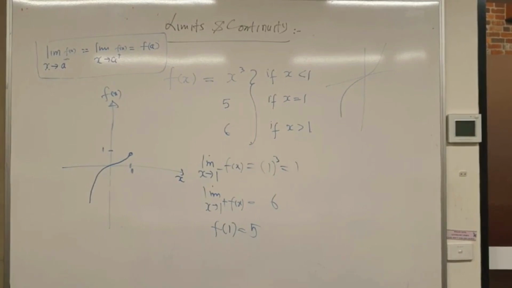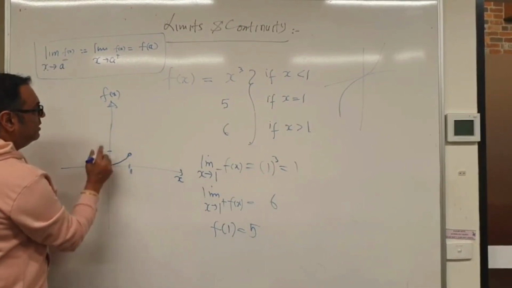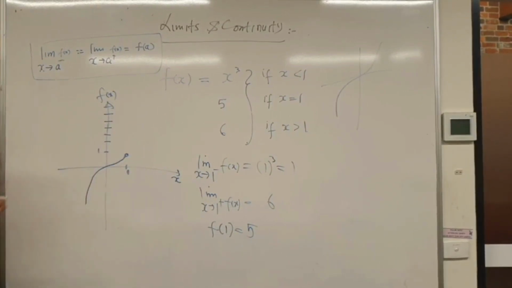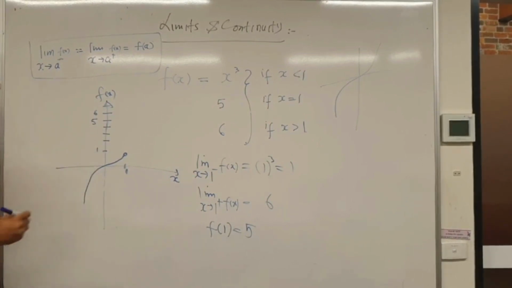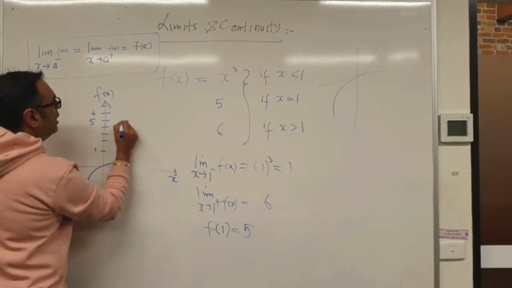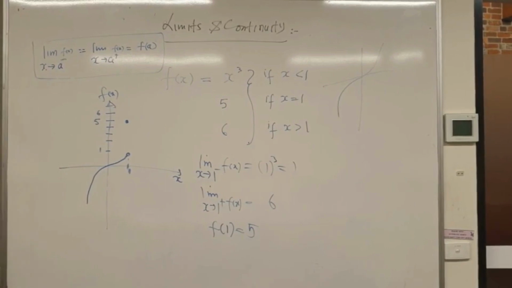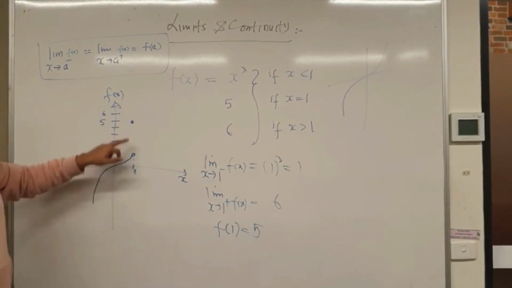Is this making sense? At x equals 1, if it is 2, 3, 4, 5, 6, so this is 5 and this is 6. At x equals 1, I have a closed circle, just a closed circle because it is 5, right? The coordinate (1, 5).